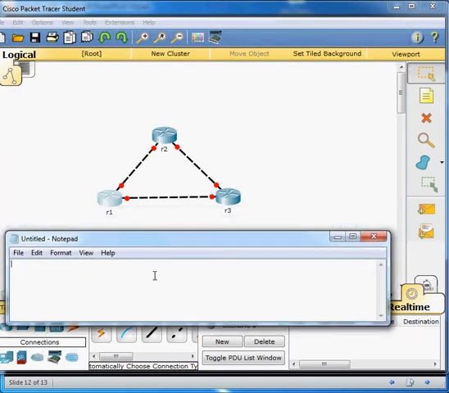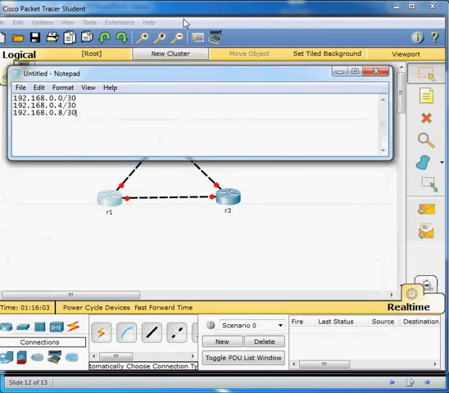These are going to be point-to-point networks. I'm going to do 192.168.0.0, and this is going to be a /30 network, so they're point-to-point. The next one's going to be 0.4, /30. So those are my networks.